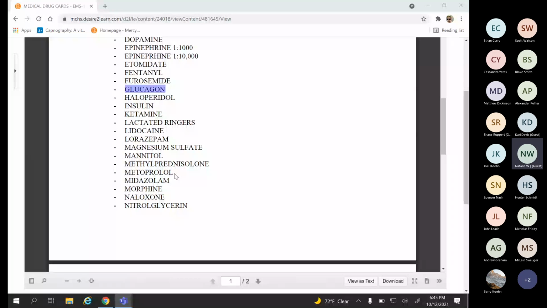Naloxone. Naloxone, Narcan, very similar. A lot of places are getting away from carrying morphine. I think morphine is a great drug because it works every time you need it to. General dosage, you'll see anywhere from 1 to 10 milligrams it can be given. Just be careful again, because morphine isn't given very commonly, and if you give too much, you can sedate your patients.